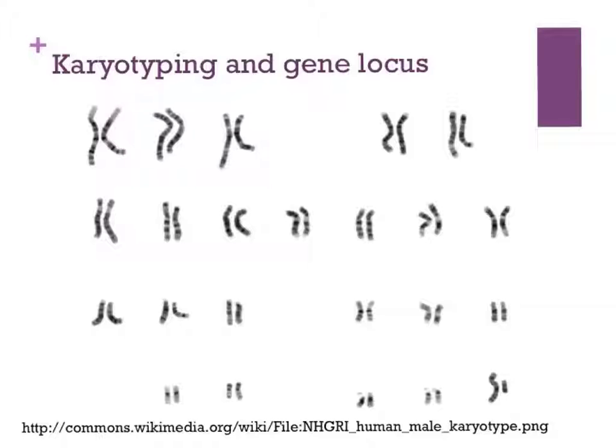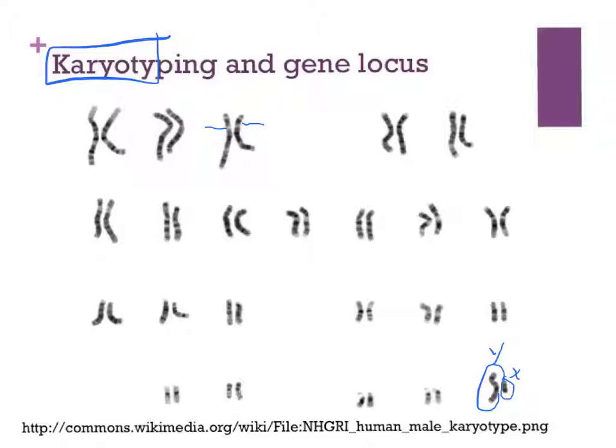Now, where do these genes come from? Here is a picture, or a karyotype, of all the chromosomes of a male, and you can tell it's a male because you've got the stubby little X chromosome here and the big Y chromosome here, and we'll talk a little bit more about sex determination later. But the genes, you can see, are these little bands that match on the chromosomes.